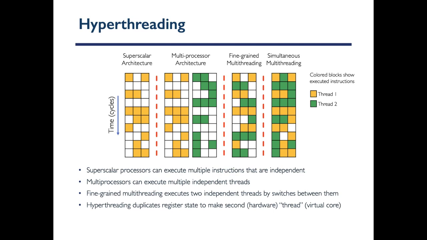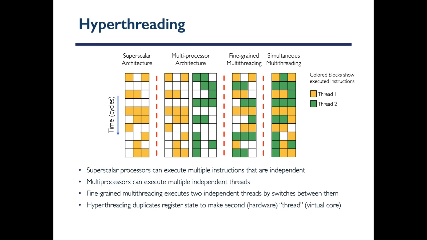Okay, another question. In SMT, by duplicating register state, does that mean it has to store all the process information as well if the two threads are from different processes? If I understand your question correctly, it's the job of the operating system to set those registers.